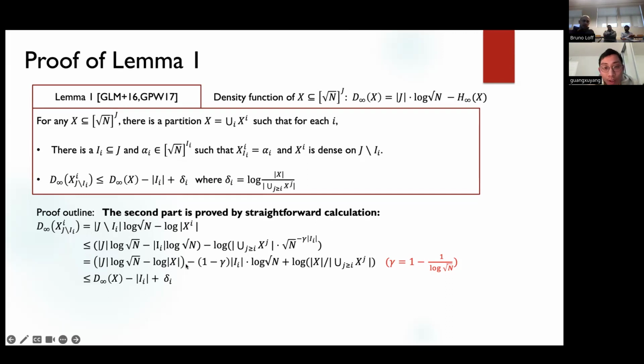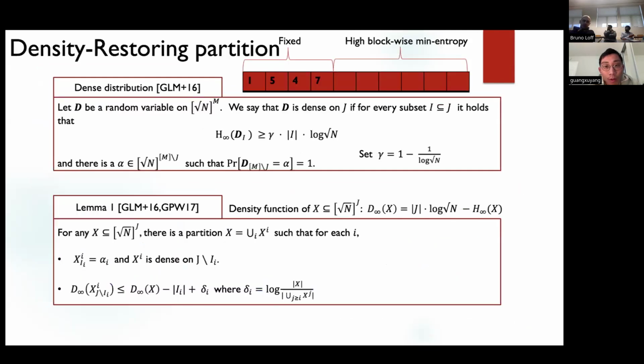So when you say that Xi is dense, you mean that on the free coordinates, right? Exactly. On the free coordinates, its density is very close to maximal. And how close? It's 1 minus 1 over log root n, whatever constant you've given, where you've set gamma to be that number.